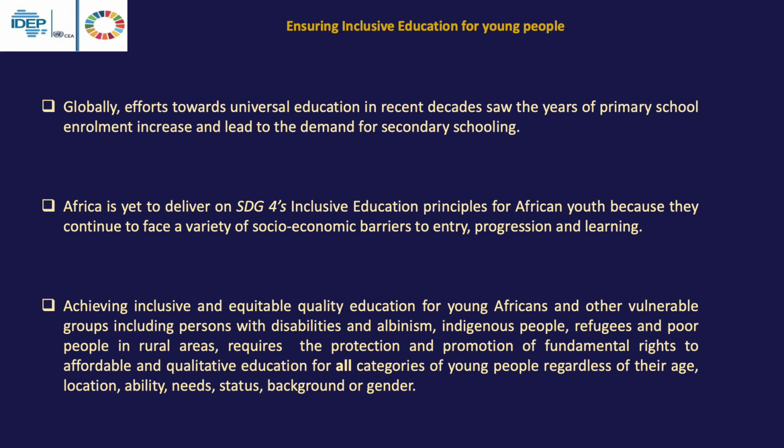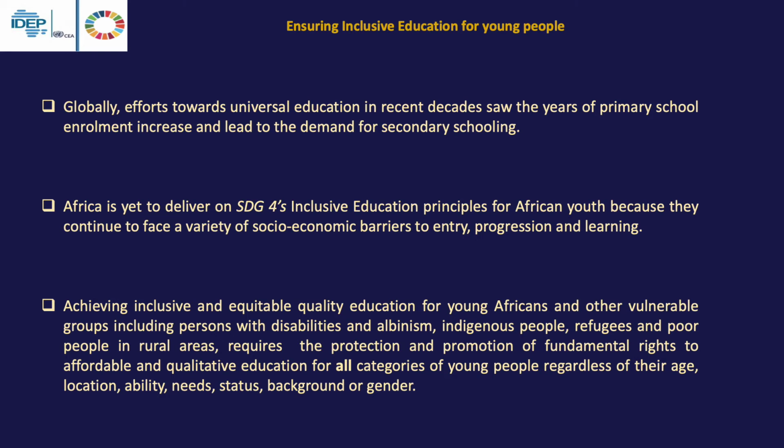Across the globe, efforts have been made to promote universal education, and this has seen in recent decades the years of primary school enrollment increase and has led to the demand for secondary schooling.